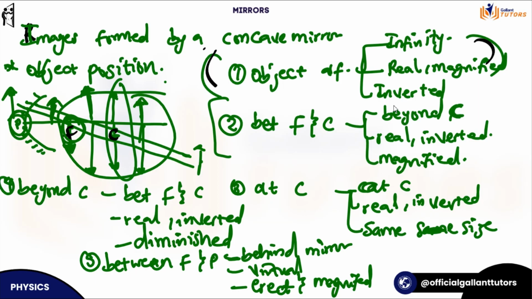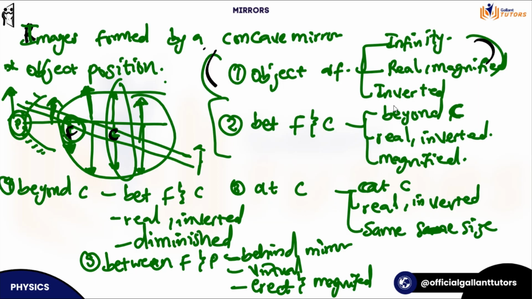It will be inverted. Know that. It will be real, but it will be what? Diminished. So it's only diminished that has changed from magnified. Now, if we have an object placed between F and C, you know what is formed. If it's placed beyond C, you know what is formed. So I think this should serve as a very clear concept.